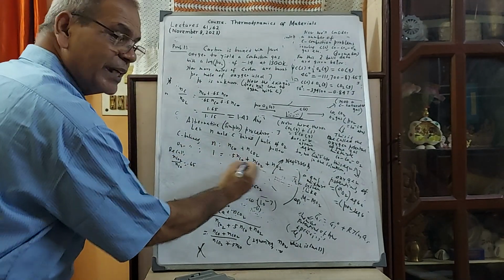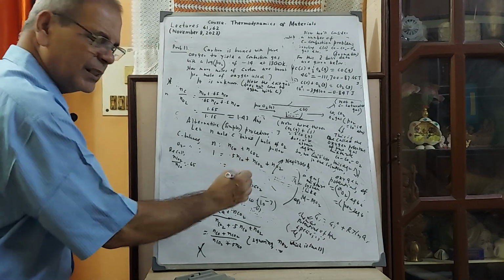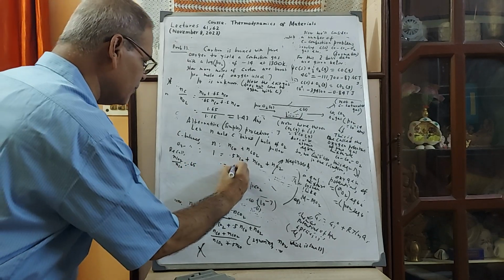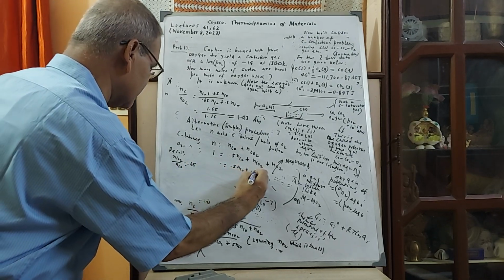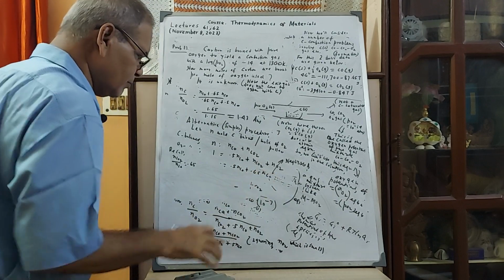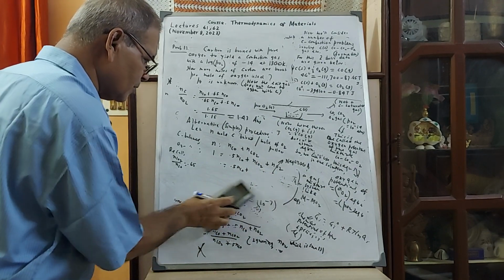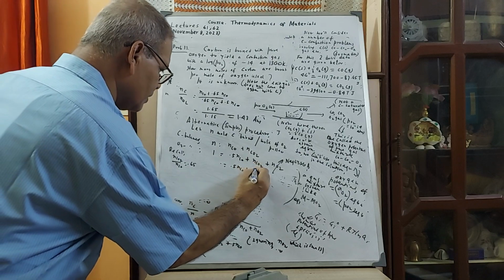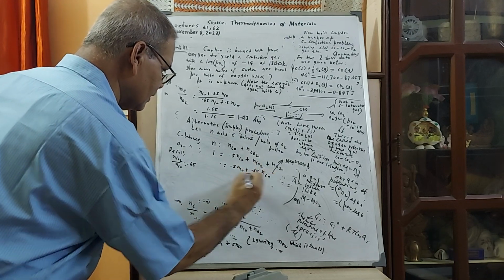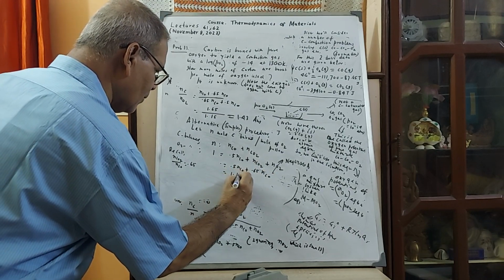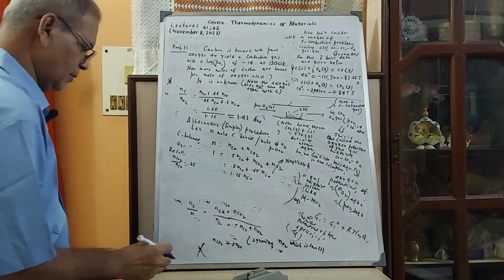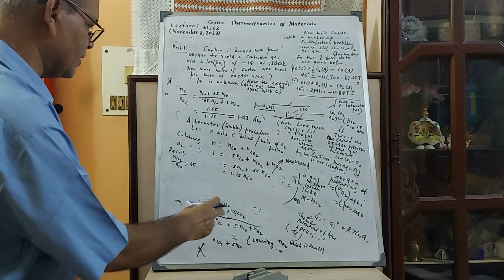Use this. So it is 0.5 nCO plus 0.65 nCO, which is 1.15 nCO.